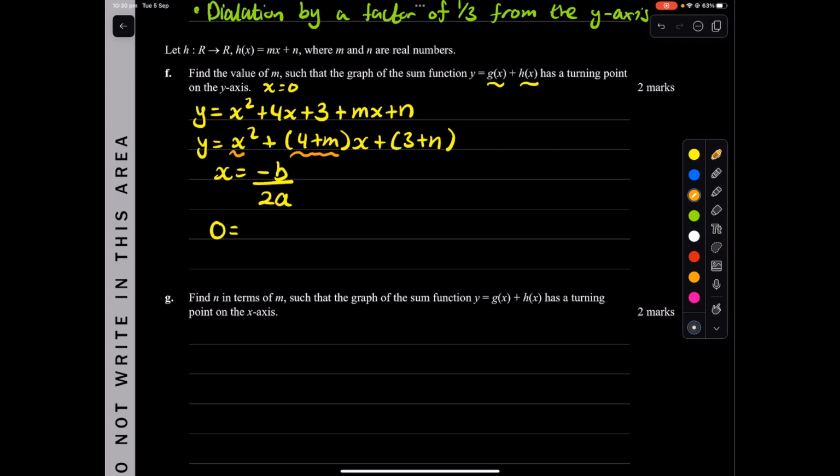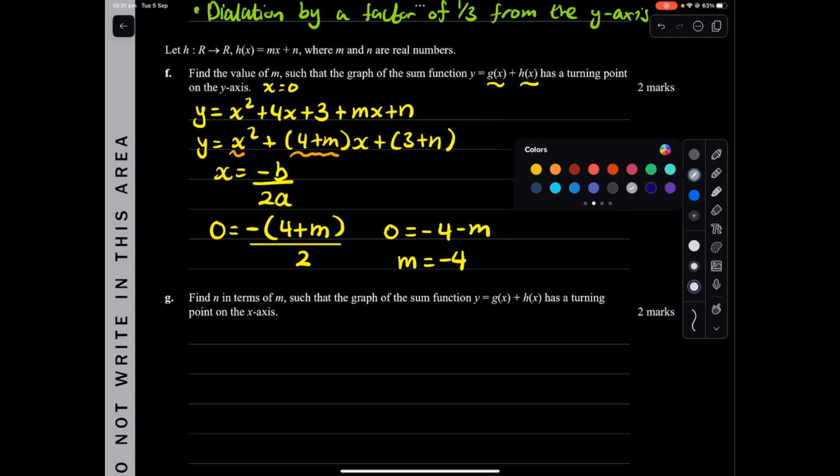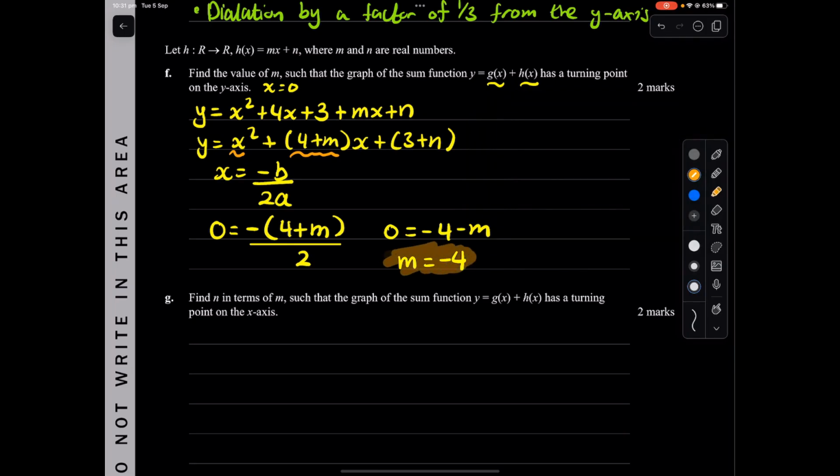So negative (4 plus m) all over 2 equals 0, so negative 4 minus m equals 0. Your m should equal negative 4. So the value is m equals negative 4. Hope that's right and I haven't made a mistake. Nice and easy.